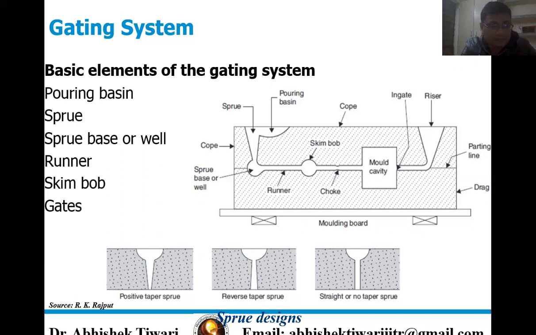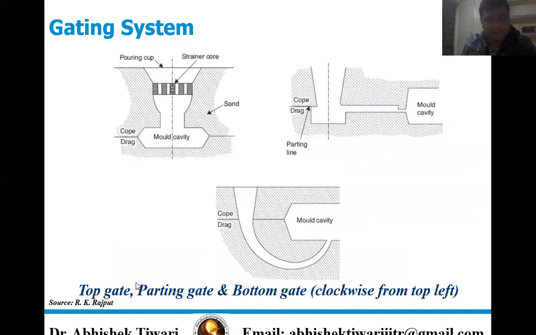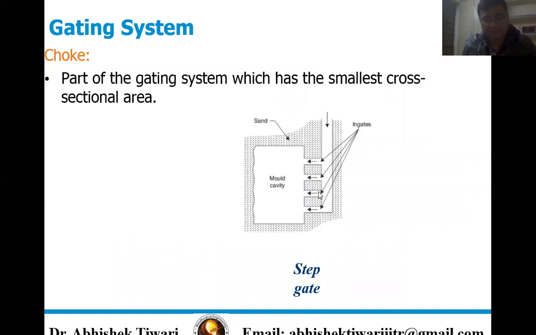Shape and cross section should be such that it can readily be broken off after casting solidification and also allow the metal to enter quietly into the mold cavity. Gates may be top, parting, bottom type, or step type. So here we can see this is the top gate, this is the parting gate, and this is the bottom gate. This is the step gate, so we have gates in steps.